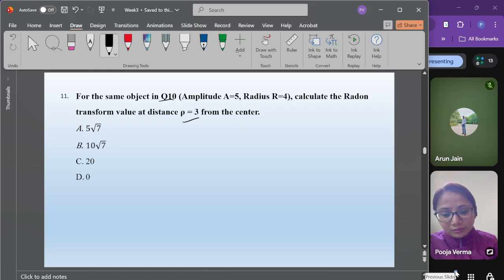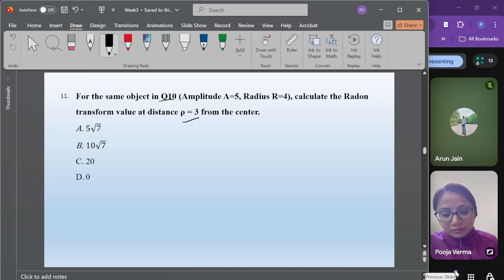I used this formula: 2A into the square root of R square minus rho square. In the integration, if you go for a circle, after applying limits we get the final value. If we substitute, I'm getting 10 root 7. 2A into square root of R square minus rho square. Yes, correct, this one is correct.